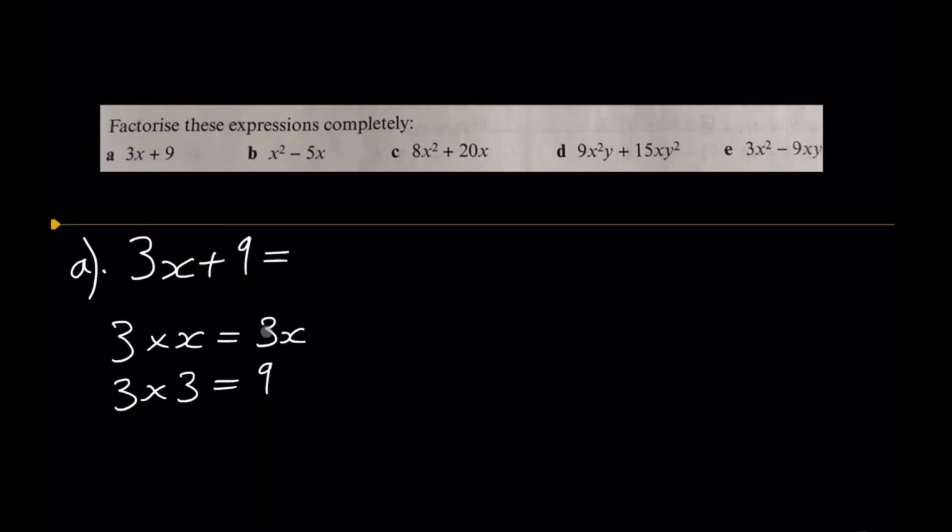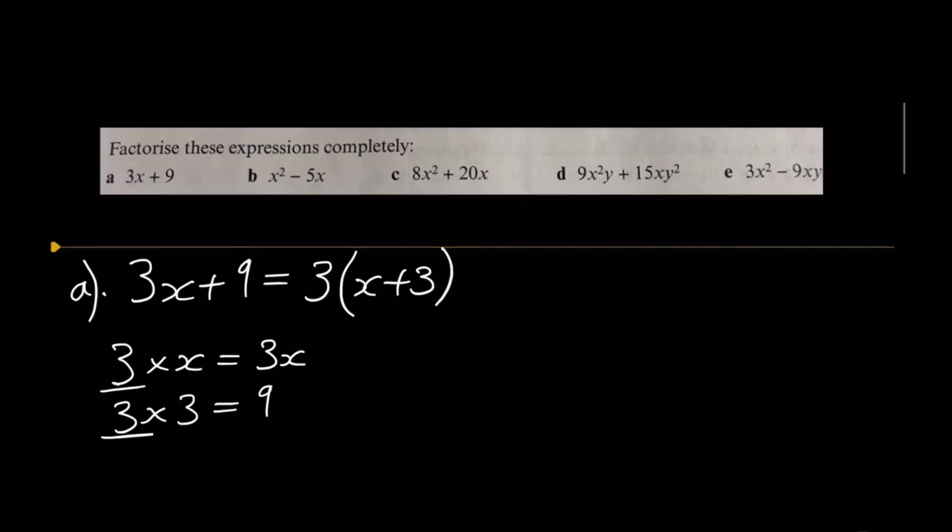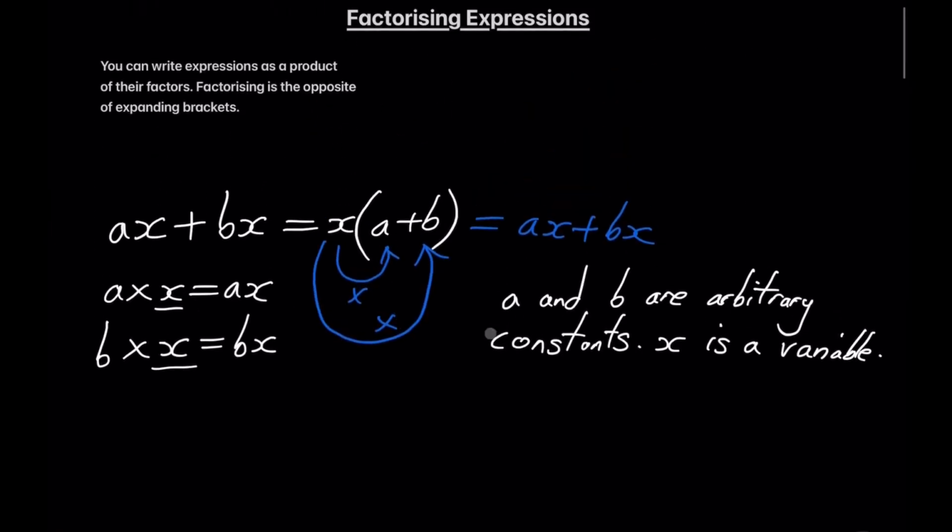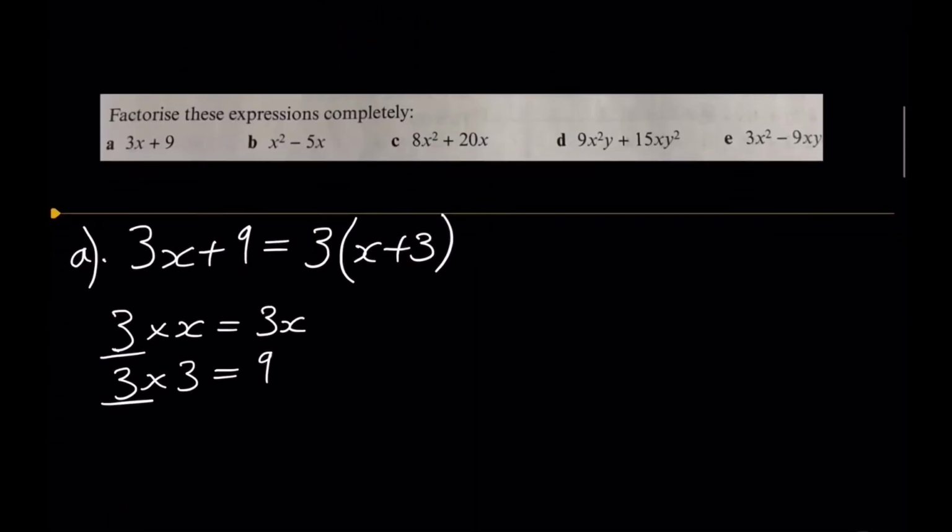So we can clearly see here that the common factor in both 3x and 9 is 3. So we can rewrite 3x plus 9 as 3 times x plus 3. And by the way, the fact that when we expand this we end up with 3x plus 9 again also shows that factorizing is the opposite of expanding brackets, and this is always the case.